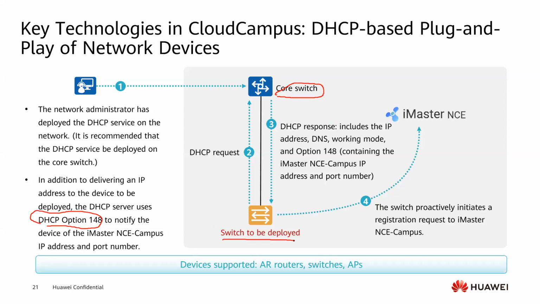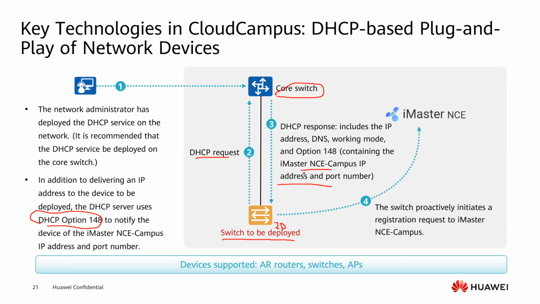So when devices such as the switch, the AR, the APs want to go online, they will send the DHCP request to find the DHCP server. When the core switch receives the request, it will offer the specific information, such as the IP address of the switch, and also the controller's IP address and port number.